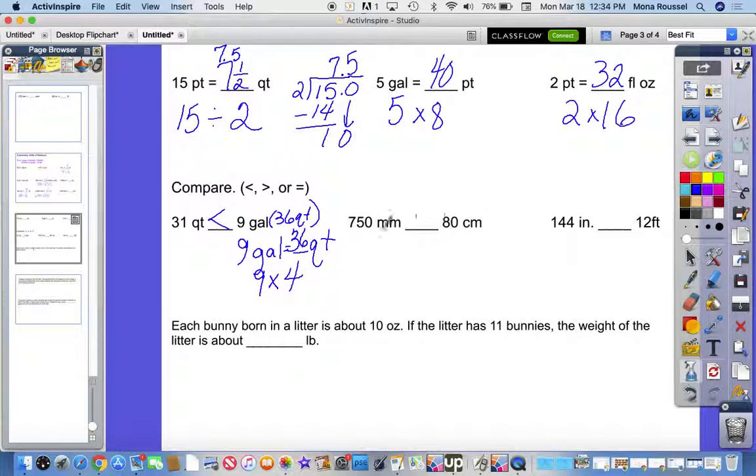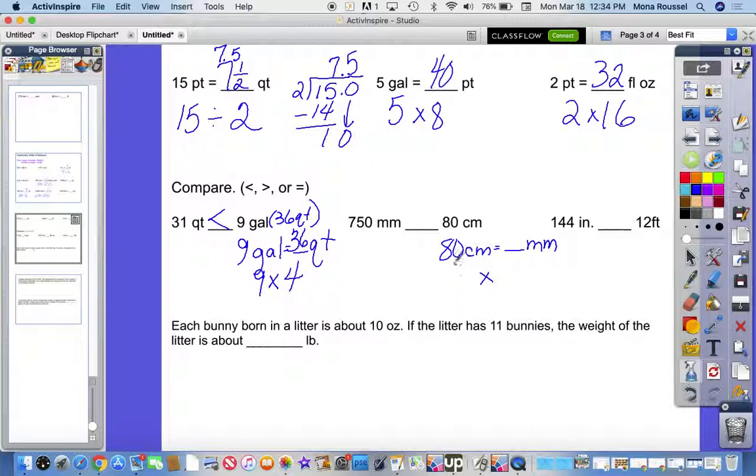If we're comparing the next problem, 750 millimeters to 80 centimeters. So if we take the 80 centimeters, and again, we can either change the millimeters into centimeters or the centimeters into millimeters. I'm going to change the centimeters into millimeters. To go from centimeters to millimeters, I'm going from a larger unit of measure to a smaller unit of measure.